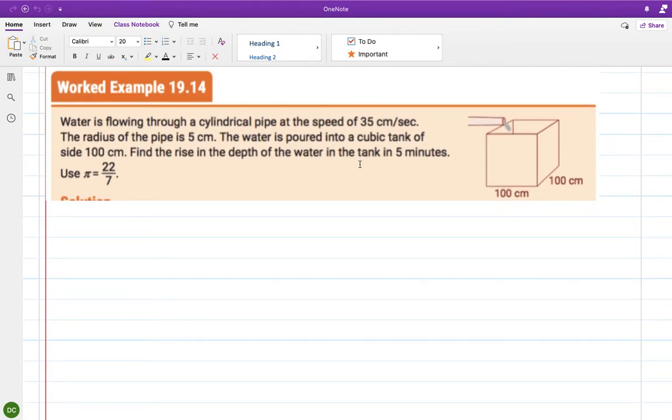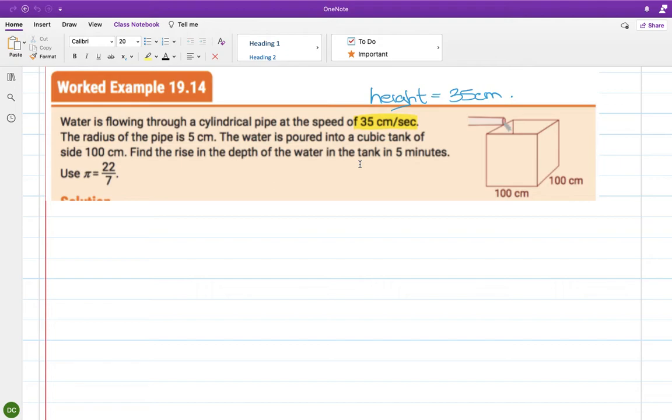Okay, so we'll look at a problem, and I'll talk through it a bit more. So water is flowing through a cylindrical pipe at a speed of 35 centimeters per second, right? The radius of the pipe is 5 centimeters, and the water is being poured into a cubic tank.